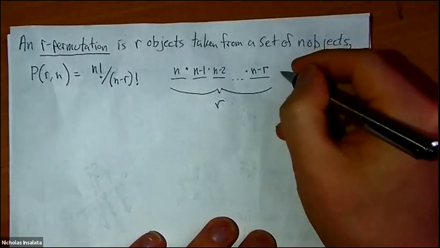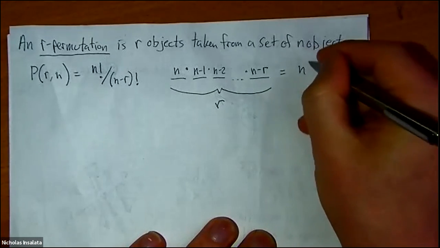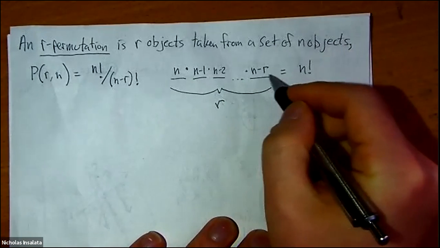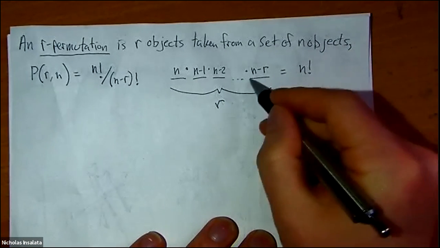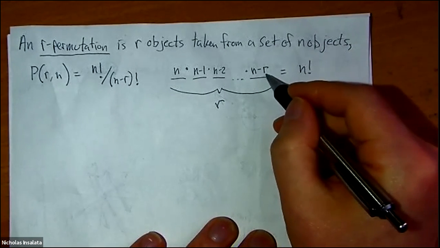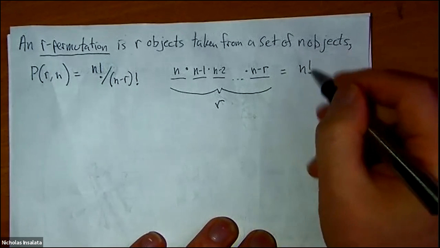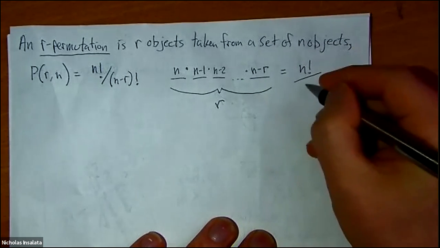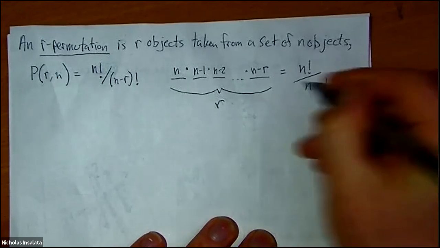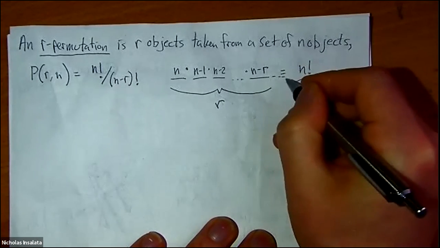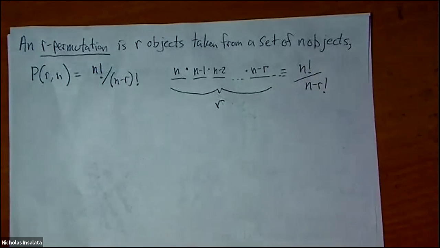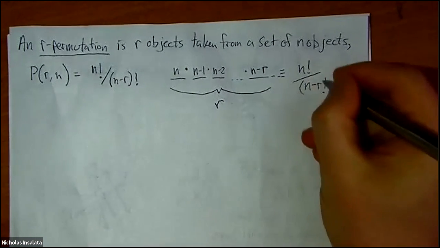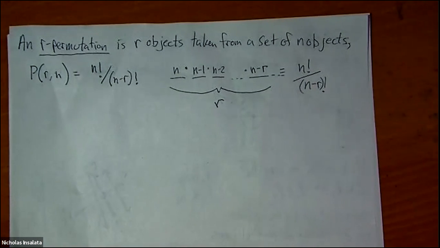That product is equal to n factorial, which is n times n minus 1 and so on, but without the final n minus r factorial of them. So you're going to be dividing by n minus r factorial, which covers all the other slots afterward that you don't get to fill in. The remaining objects that don't get to go in a slot, there would be n minus r of them, and that needs parentheses. Make sense? Any questions?